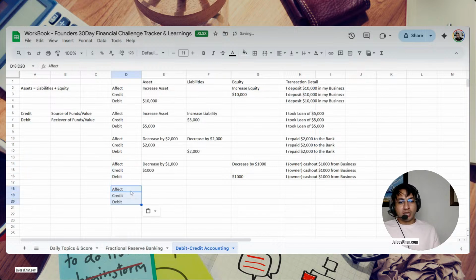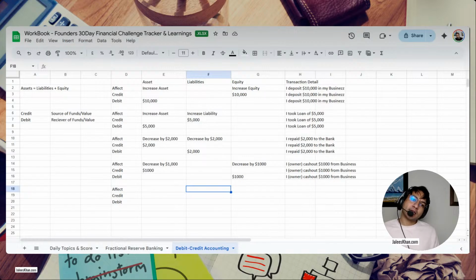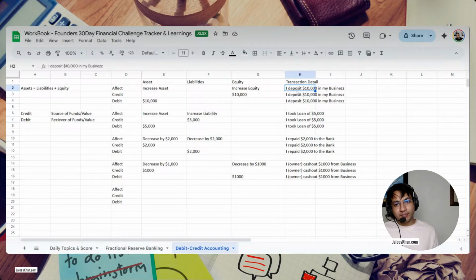And now, let's have another scenario. I deposited in the business: equity increases, asset increases. Liability increases, I repaid it, liability decreases. So then, is there any other scenario?